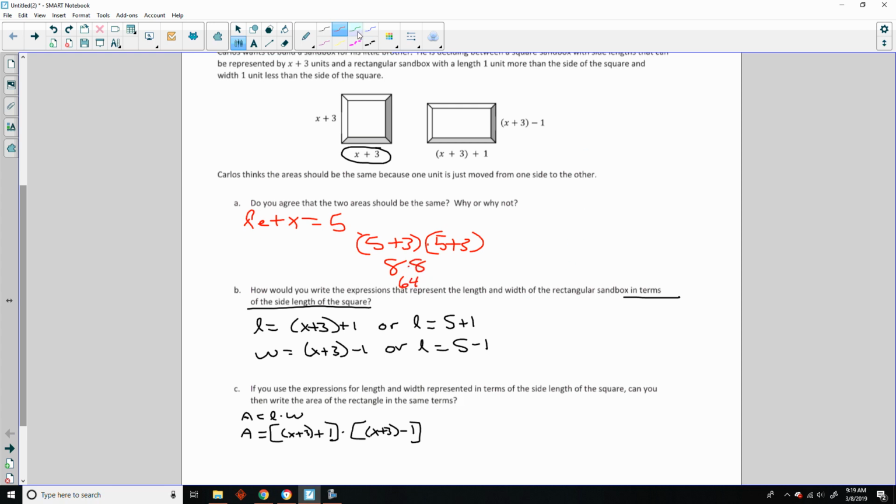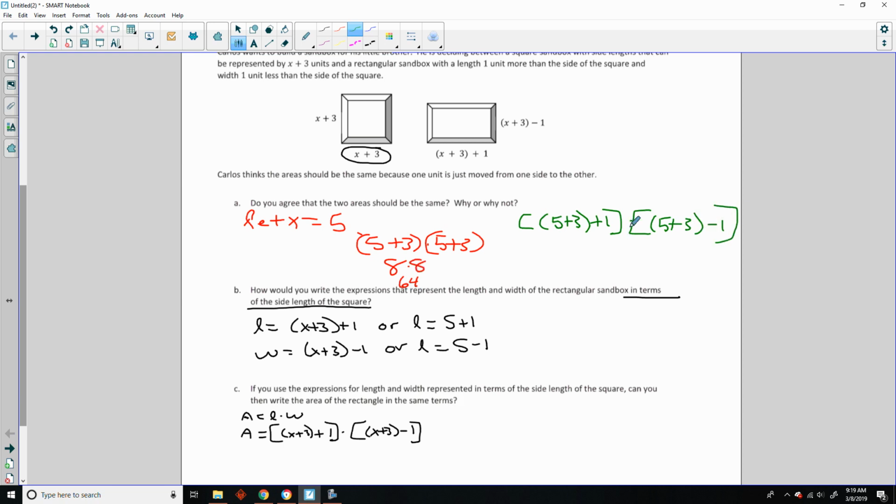Okay, and then if I plug in a 5 over here, I'm going to get 5 plus 3 plus 1 times 5, substituting in for my x, plus 3 minus 1.